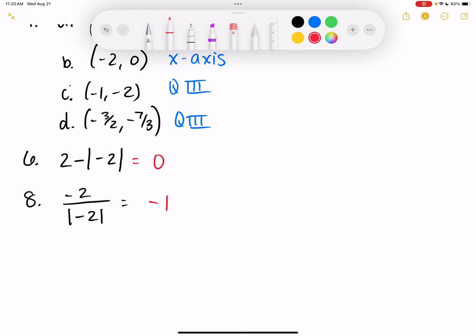Number 10 says to rewrite the expression without using absolute value symbols. So we have the absolute value of the square root of 5 minus 5/2. So it'd be square root of 5 plus 5/2, right?